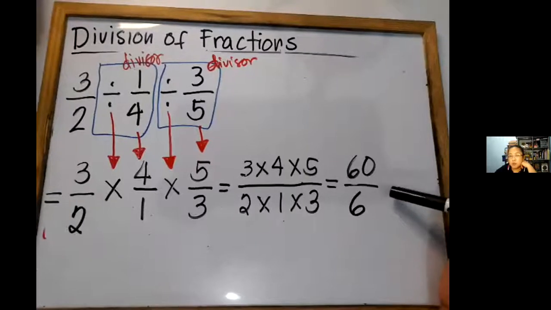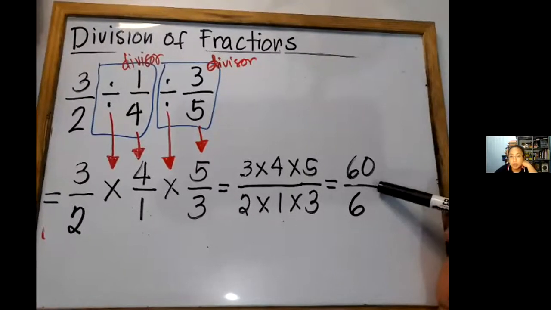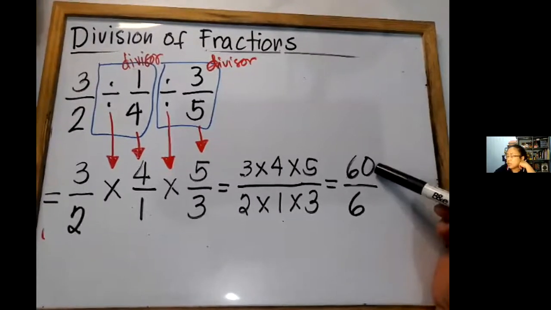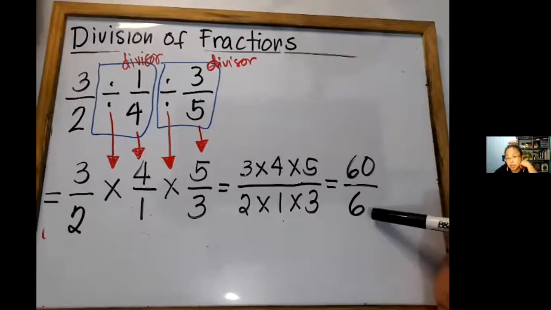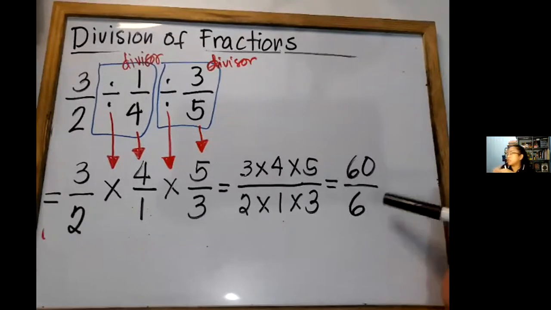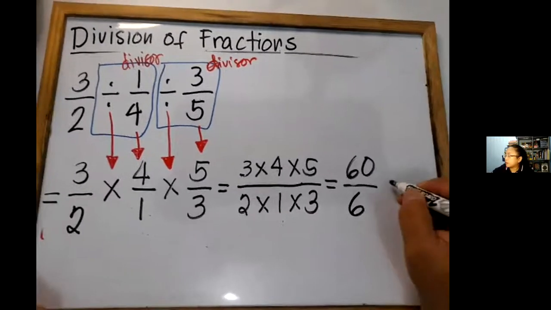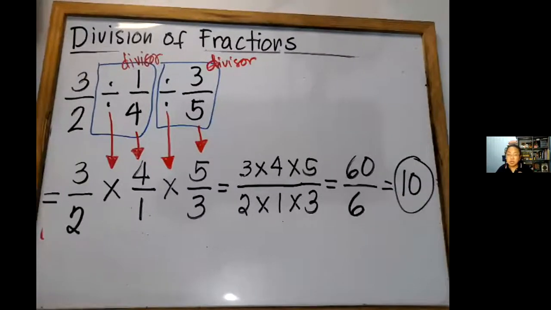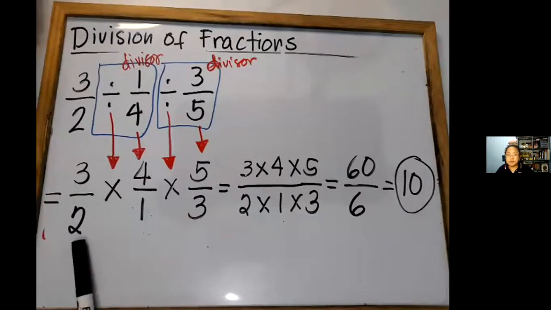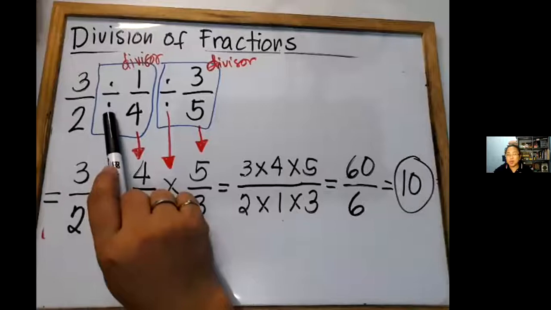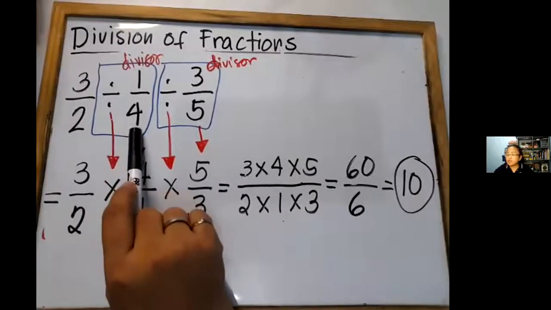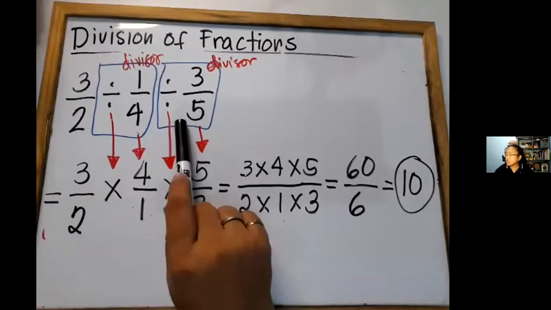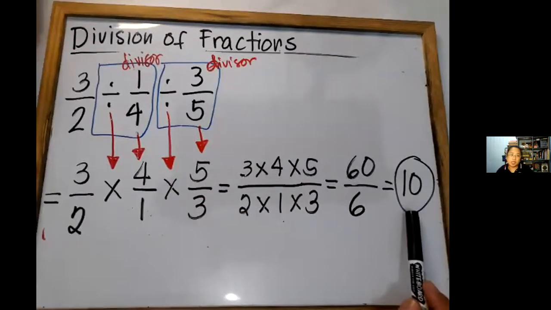We carry out the operation suggested by the bar line, which is division. So, 60 divided by 6 is how many? It's 10. Okay? So, 3 halves divided by 1/4 divided by 3/5 is equal to 10.